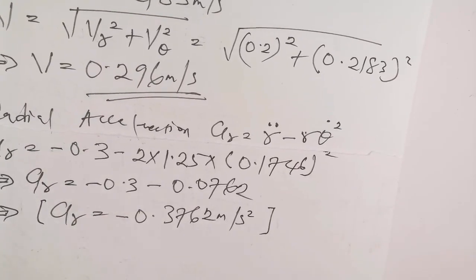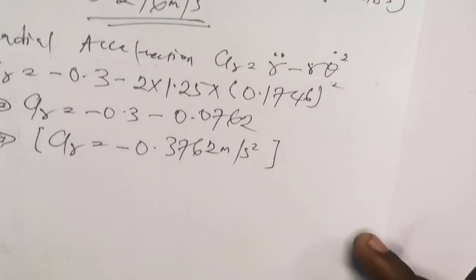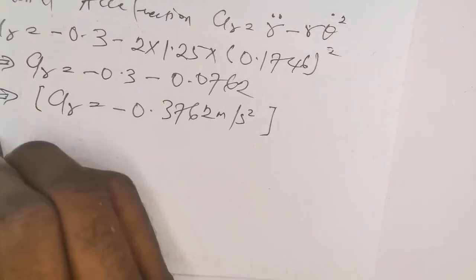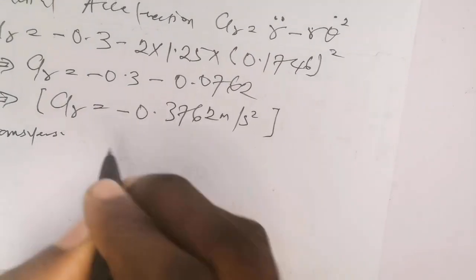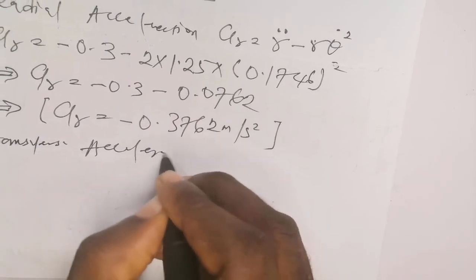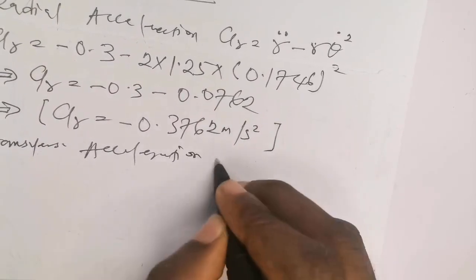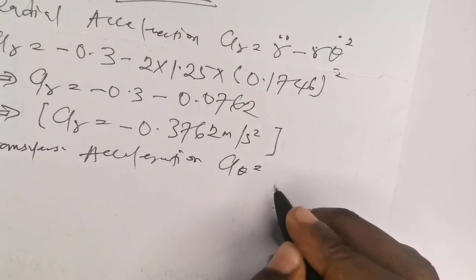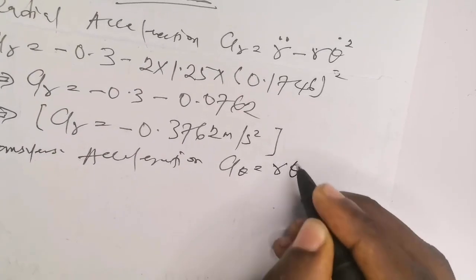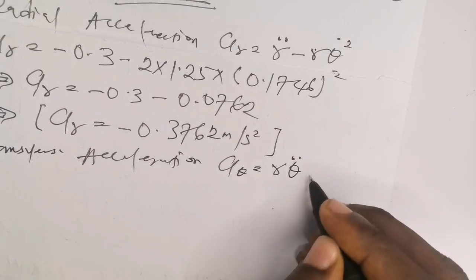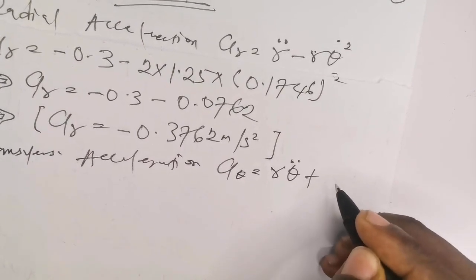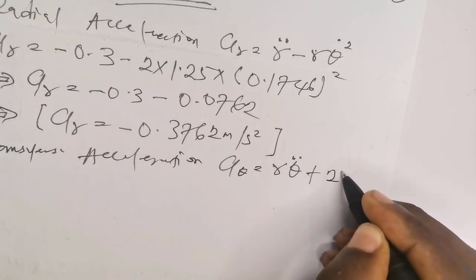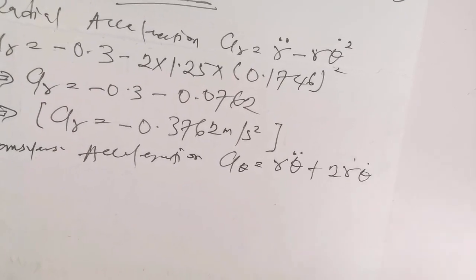Keeping this aside, now we find the transverse acceleration. Transverse acceleration a_theta is simply given as r theta double dot plus 2 r dot theta dot.